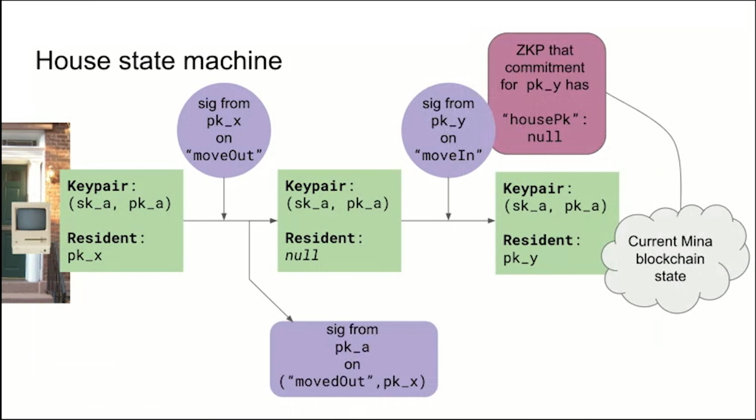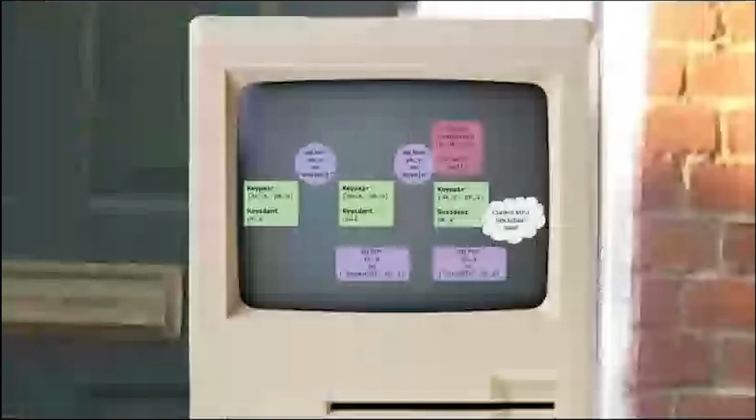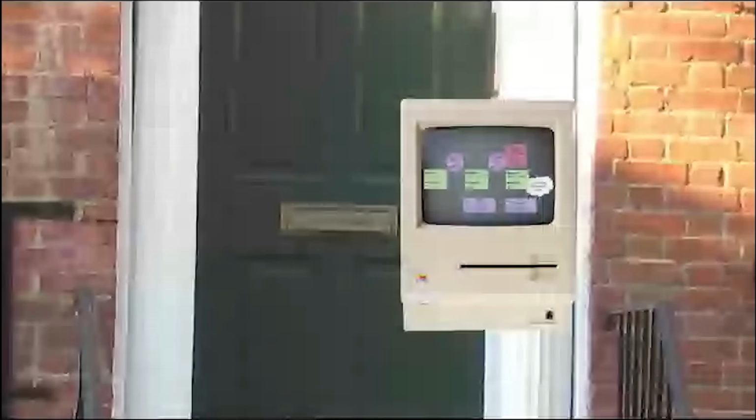If you look inside that state and inside my address, I can prove to you that I set my housing address to null. And then the device will say, okay, looks good to me. You're all good to go, and issues a signature that says you've moved in now, and sets the resident to PKY.